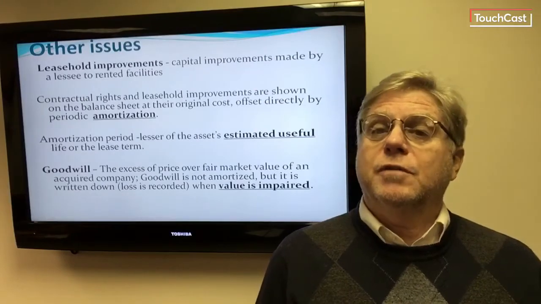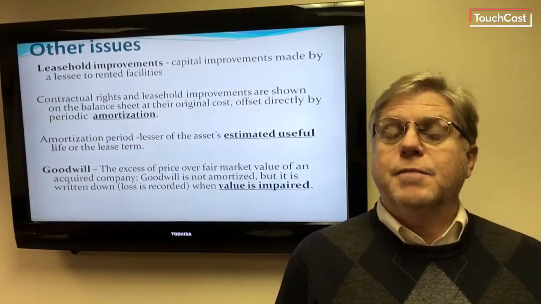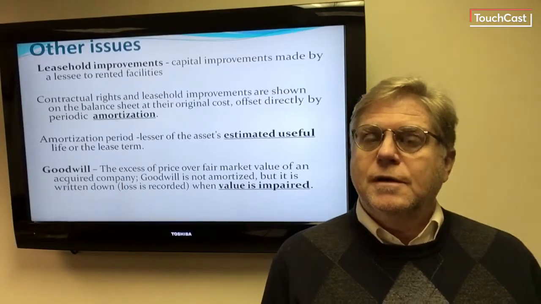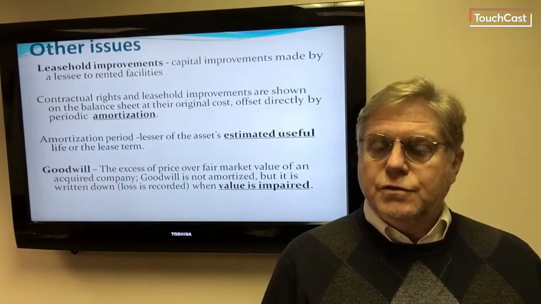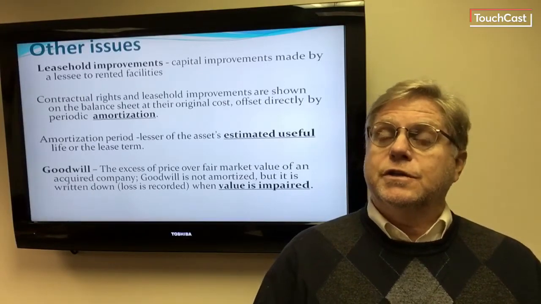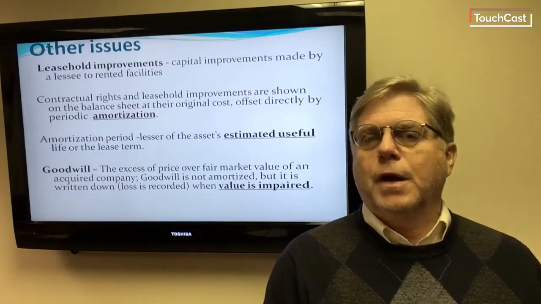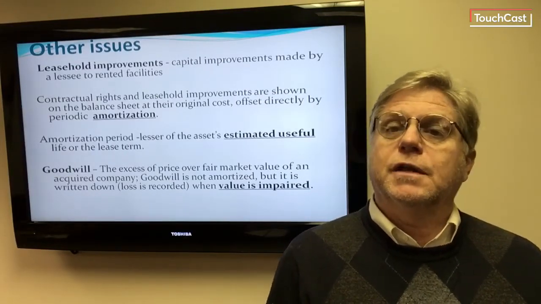Contractual rights and leasehold improvements are shown on the balance sheet at their original cost, offset directly by periodic amortization. Amortization is to certain types of intangible assets, or in this case, leasehold improvements, what depreciation is to physical or tangible assets.